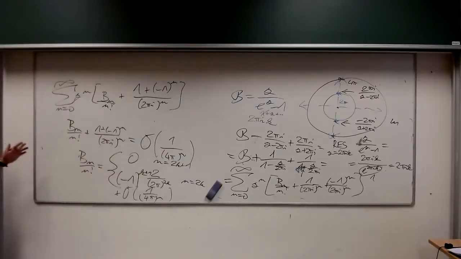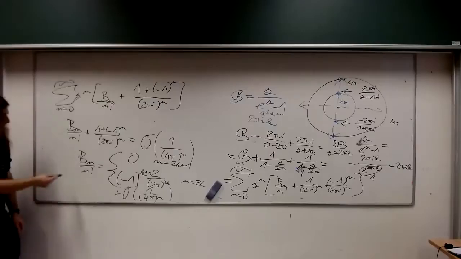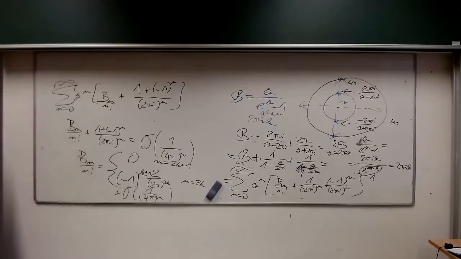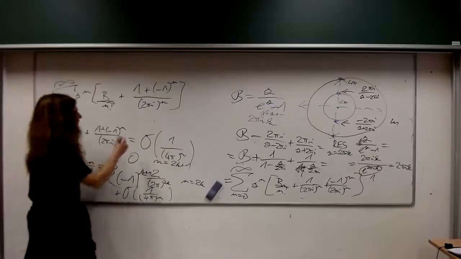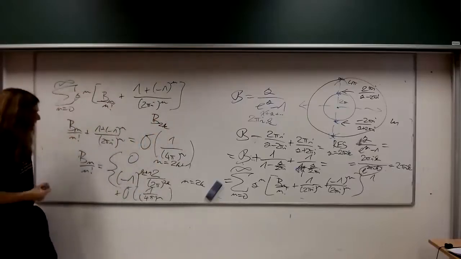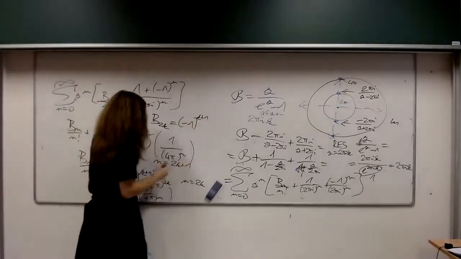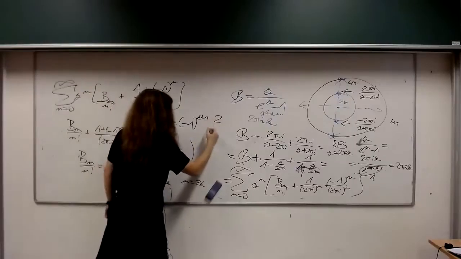And so we now can see that, in fact, the Bernoulli numbers can get very big. And they can get very big quite fast, because this is Bn over n factorial. So if we see what the B2k should be, there we get this thing, and here we get some 2.